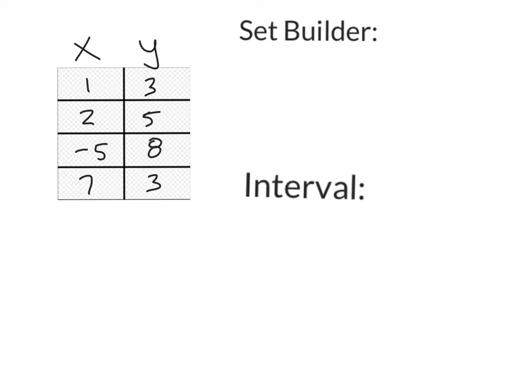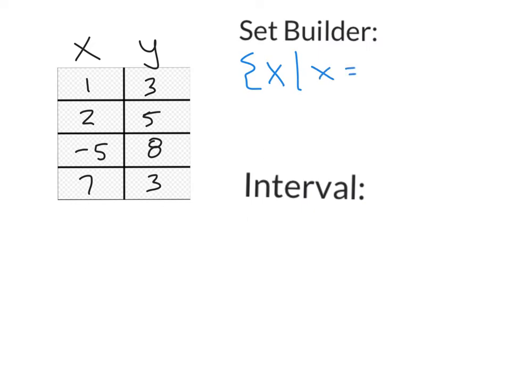So here we have a table, an XY table, and we're going to use set builder and interval notation to describe the domain and ranges of this function. So if you're ever given a list or a table, all you have to do in both set builder and interval notation is just list out the values. So let's start with a range. So we remember from the previous screencast, the set builder notation is x such that, and now we can say x equals any one of these values.